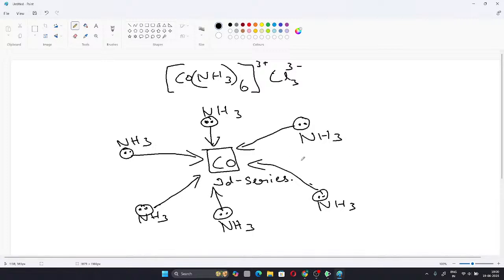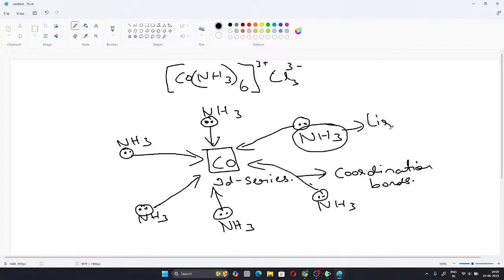All of these are coordinate bonds, meaning there is no sharing; it is where one atom is completely donating both the electrons. Coordination bonds. That is why all of these NH3 molecules are called ligands, and the cobalt atom, which is accepting all the electrons from the ligands, is called the central metal ion.